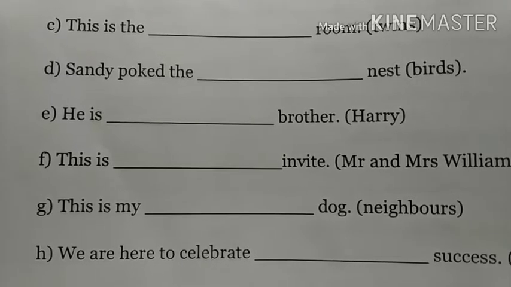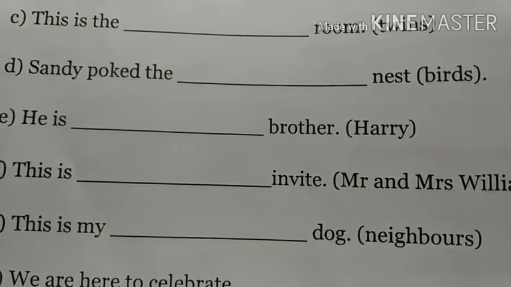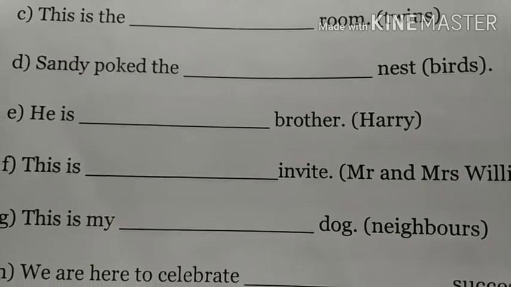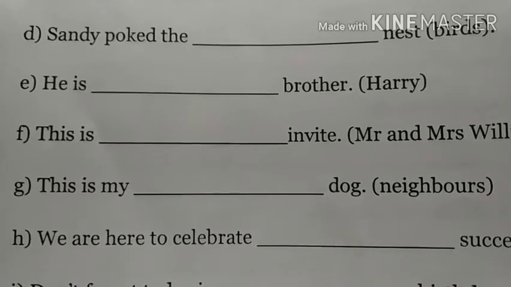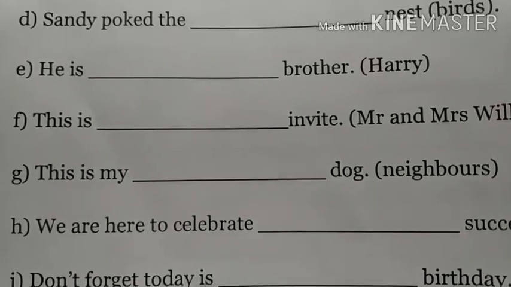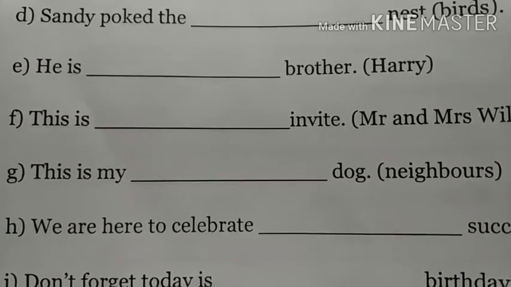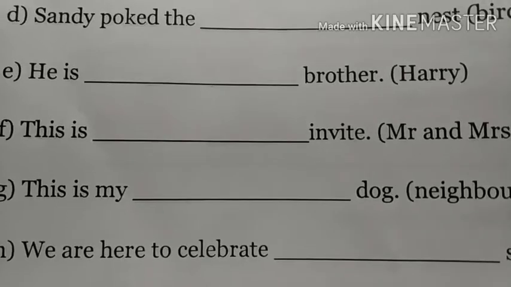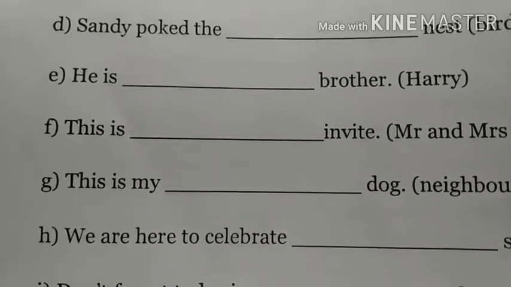In bracket write it down birds, B-I-R-D-S. Come to the next one. He is dash brother. In bracket write it down Harry, H-A-R-R-Y.